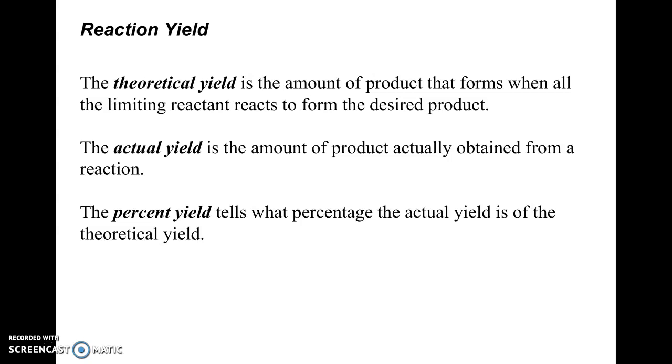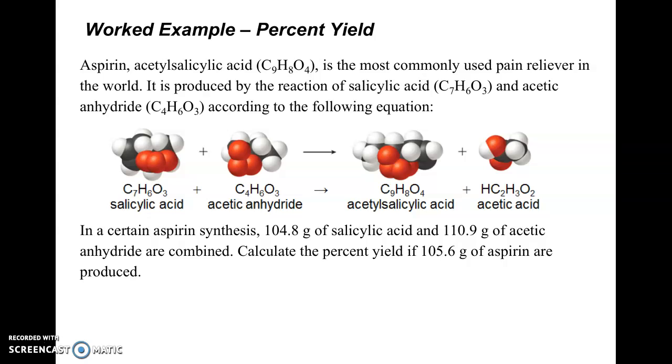And the percent yield tells you just how much you're going to get. So you take the actual yield and divide it by the theoretical yield and turn it into a percentage by multiplying by 100.